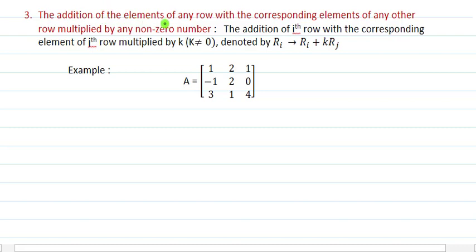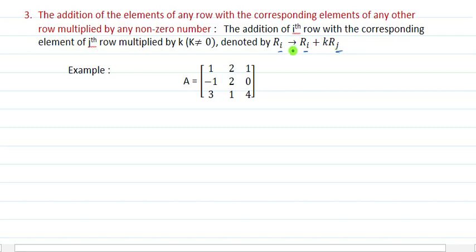Third operation is addition of elements of any row with corresponding elements of any other row multiplied by a non-zero number, or you can say scalar. Means to say we can add any row with the corresponding elements of another row by multiplying the other row with any scalar, and this is represented by Ri implies Ri plus k times Rj.